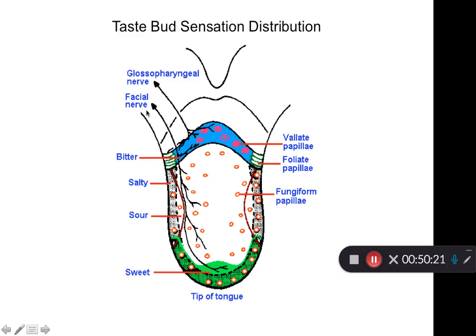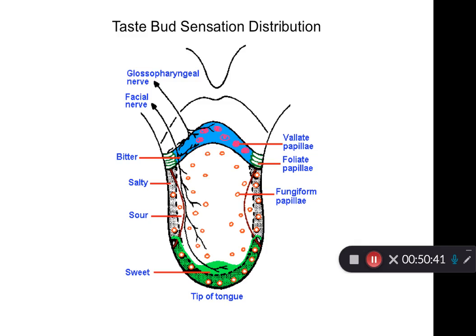Facial nerve is the seventh cranial nerve. So the anterior 2/3 part of the tongue is responsible for the salty, sour, and sweet detection, the taste sensation.